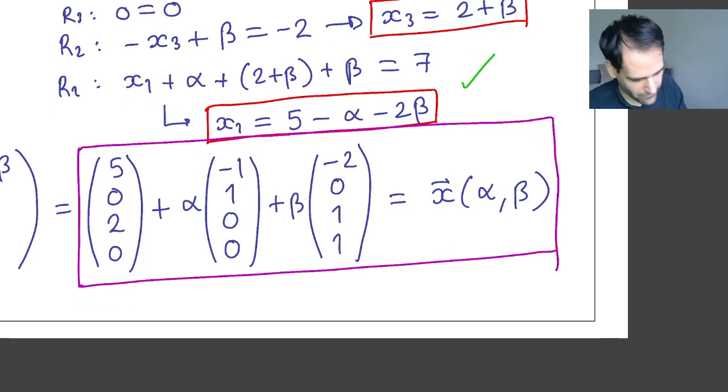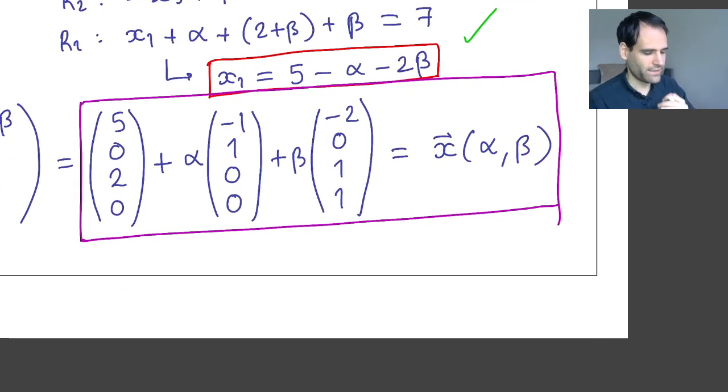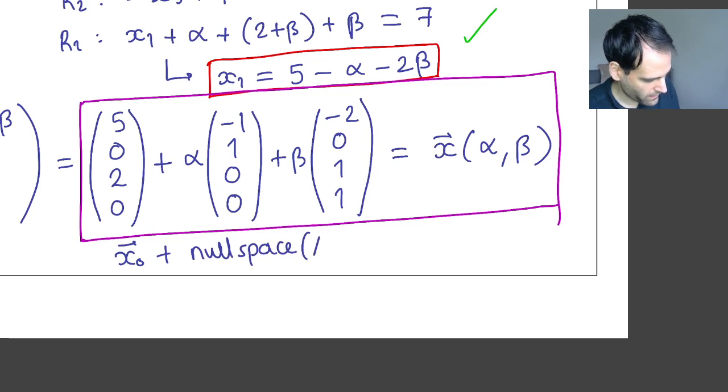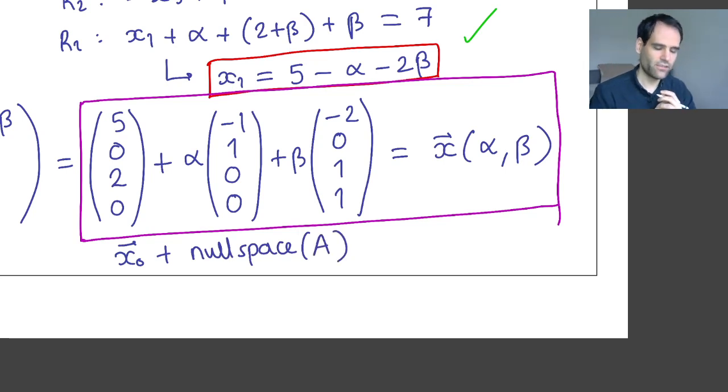Also, let's go even further. Remember that I told you that the solutions to a linear system of equations can always be written as a particular solution, x0, plus the null space of A. So indeed, that's what happened here.